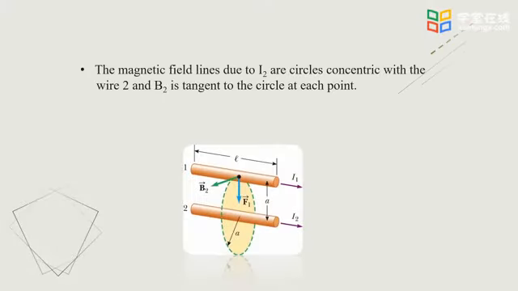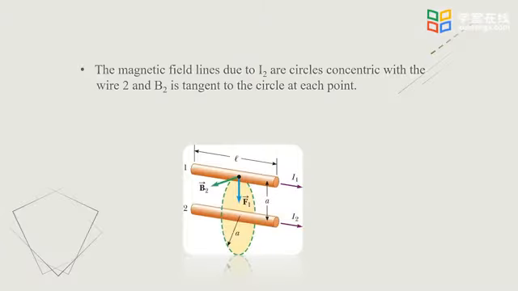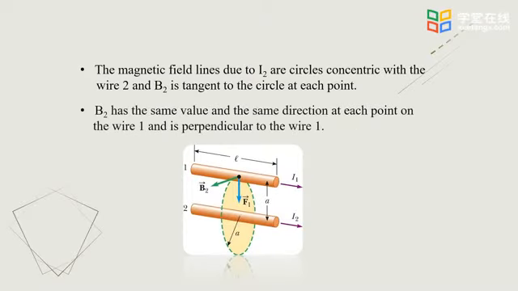We know that the magnetic field lines due to I2 are circles concentric with wire 2, and B2 is tangent to the circle at each point. Since wire 1 is parallel to wire 2, at each point on wire 1, B2 has the same direction and the same value. It's perpendicular to wire 1 as shown in the figure.